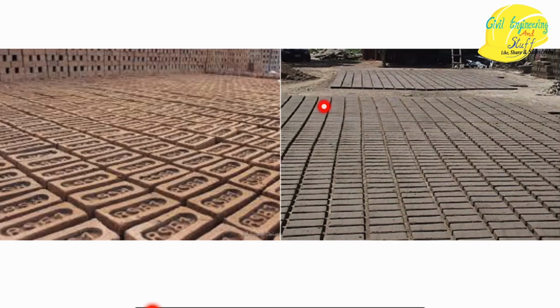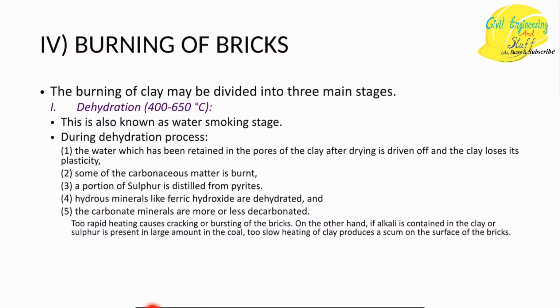So the drying process takes place like this. Depending upon the facilities available, the bricks are first dried, and once they achieve a certain amount of hardness, they can be stacked for further drying through the natural process.